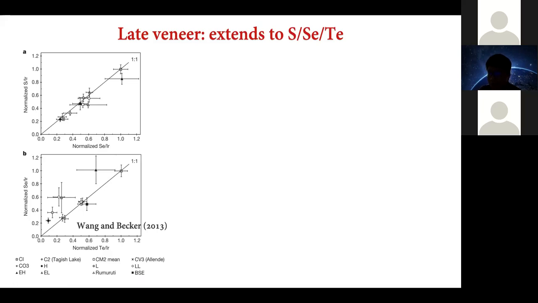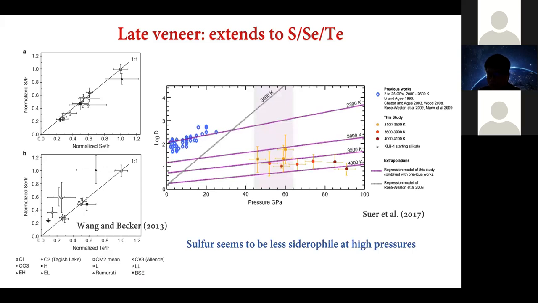So they argue that late veneer, which has about 0.5% mass of Earth, established Earth's volatile elements, including sulfur, selenium, and tellurium. However, later experimental studies show that at least the sulfur partition coefficient becomes much smaller at high pressure. Here is pressure. Here is data at low pressure. Those red and yellow data are obtained at high pressure and temperature.